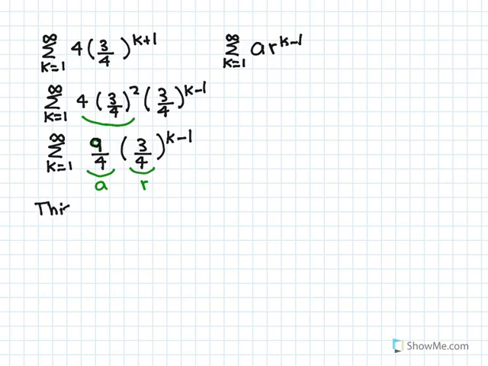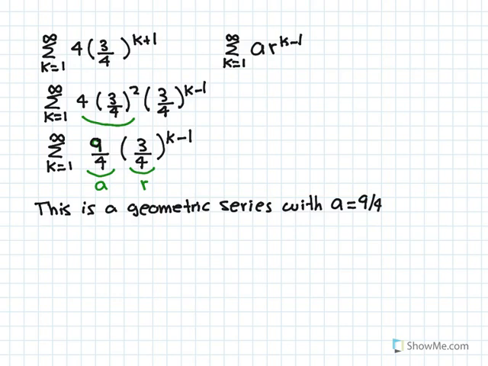Let's write it out. This is a geometric series with the starting term a equal to 9 over 4, and the common ratio r equal to 3 over 4.